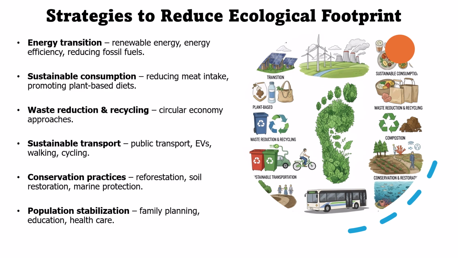Finally, population stabilization through family planning, education, and healthcare ensures resource demand remains within ecological limits. Together, these strategies form a holistic pathway towards sustainability, allowing humans to move back within the planet's biocapacity and secure resources for future generations.